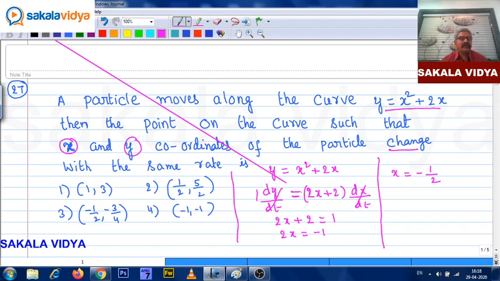Now, we need to find out y. Y equals, substituting in this one, 1 by 4, this will be minus 1, so minus 3 by 4. The point is minus 1 by 2 comma minus 3 by 4. That means third option is the right option.